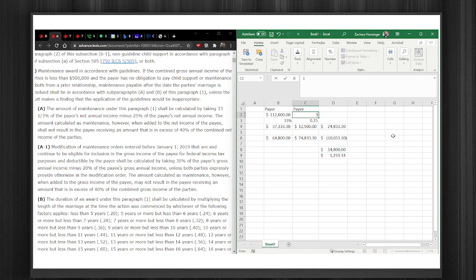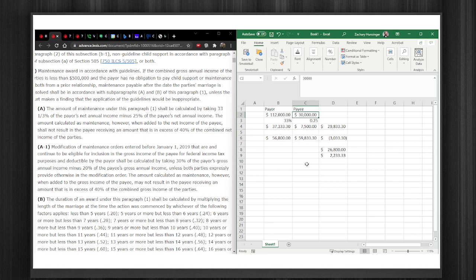So let's say it's still 112 and we do 30, it's going to push it. You're going to have to subtract 3,000 from it to get there. So this is kind of how it works. It's really tricky, that final point of whether the amount pushes the payee's income beyond 40% of the combined income.